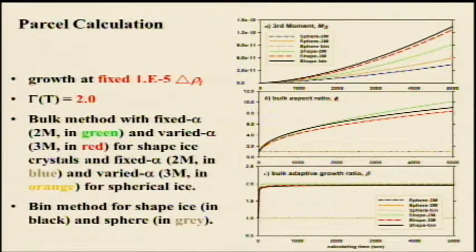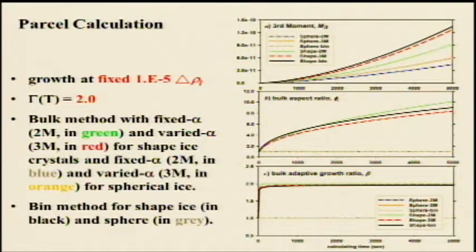If we use 3 moments, but still spheres, it improves a little bit, but it's still less than half of the bin model mass. But if we put in the shape, this 2-moment shape, this 3-moment shape, you can see very large improvement in the growth of ice crystals.